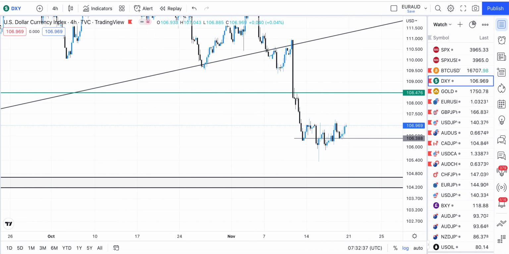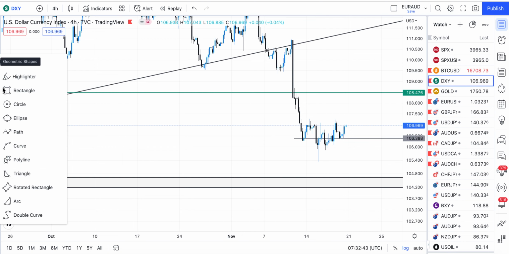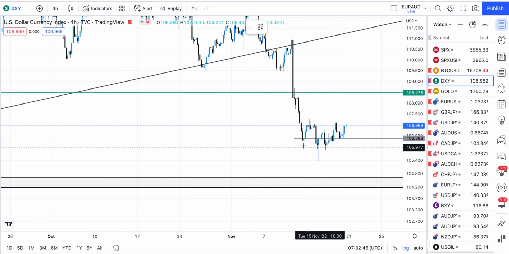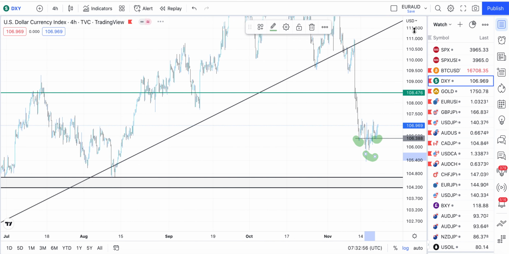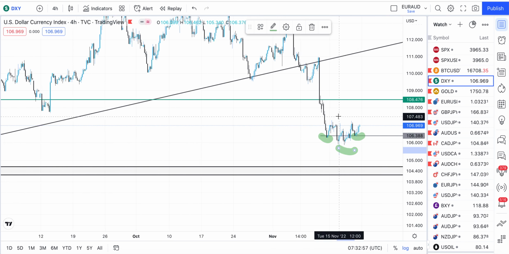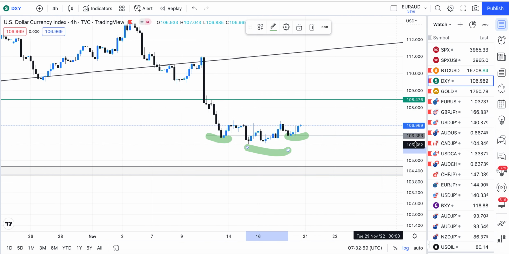So the number one sign is, let's check. Here you can see we have something like a head and shoulders at that particular area. After a move to that downside, so this is DXY.